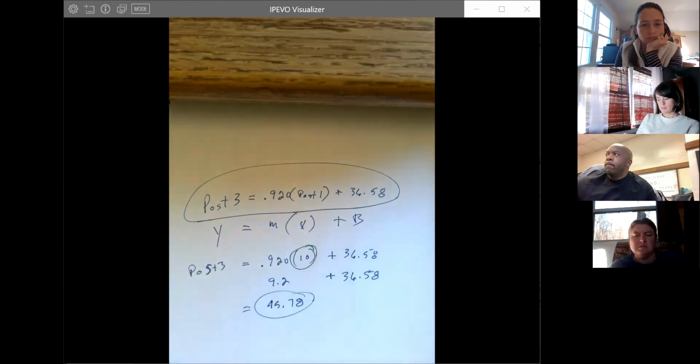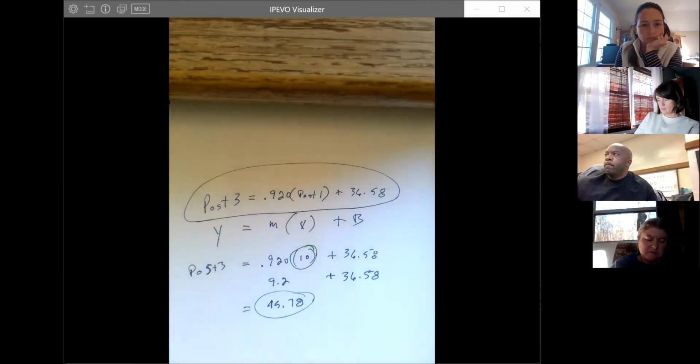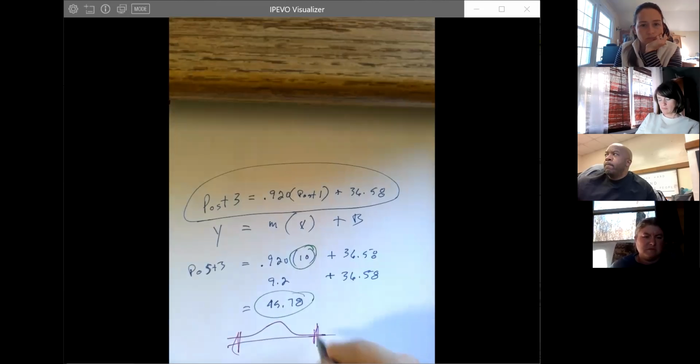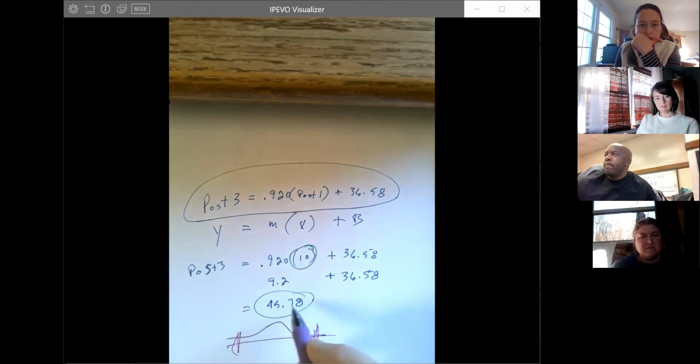So the mean value of that prediction is 45.78, but there's going to be a little confidence interval around that that will be shown in the stats. And, you know, it could be a value down here, it could be a value up there for an individual. But the best guess for a whole group of people that had a value of 10 would be 45.78. That would be the mean of that whole group.